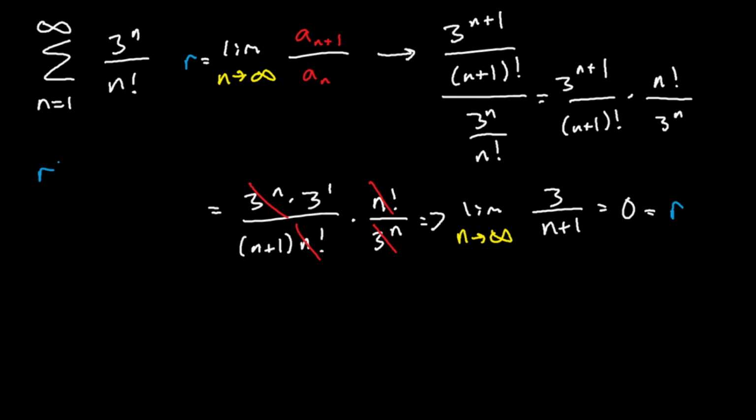And the condition for r, when r is less than 1, is that the series converges. So if r is less than 1, your series converges. Therefore, this guy right here, 3^n over n factorial, converges. And again, I already hinted at this.